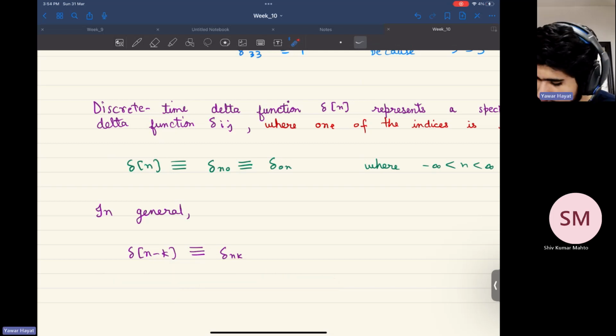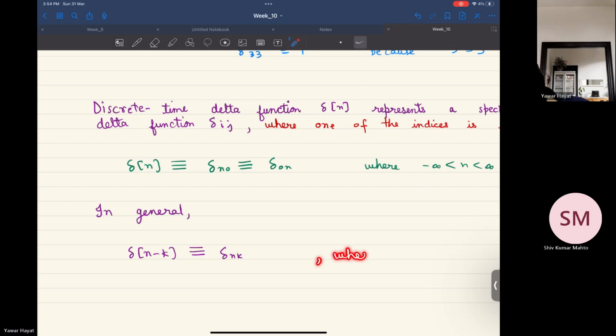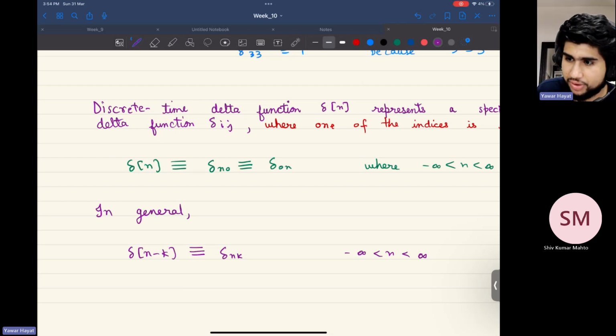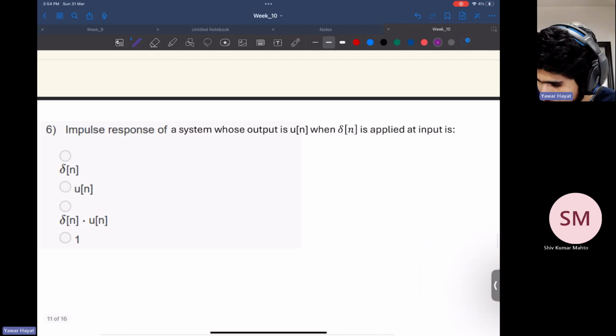This is understood, right? Because the delta function is an even function. And again n takes values from minus infinity to plus infinity. Okay, so we are done with question number 5 as well.